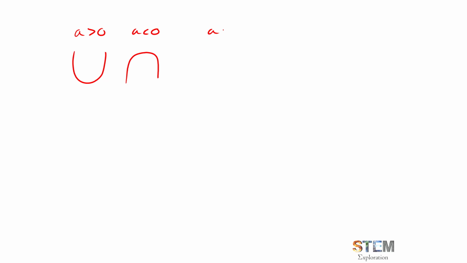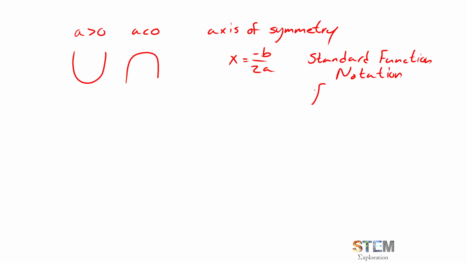Your axis of symmetry is always going to be represented by x is equal to negative b over 2a when we're looking at equations in standard function notation, which is represented by f of x is equal to ax squared plus bx plus c.